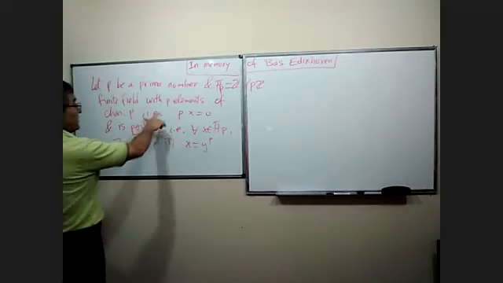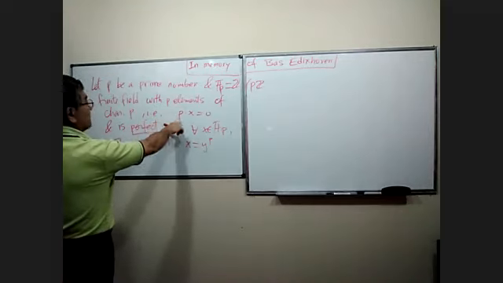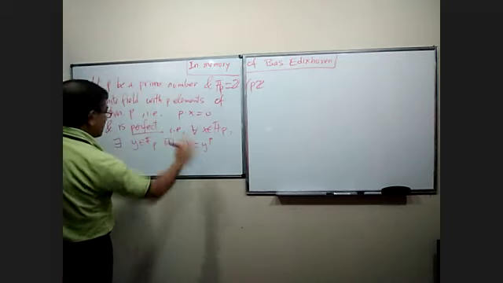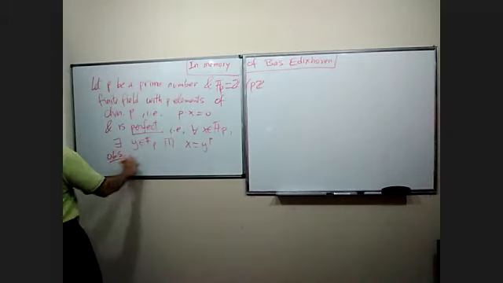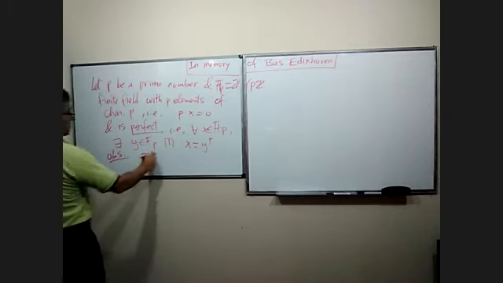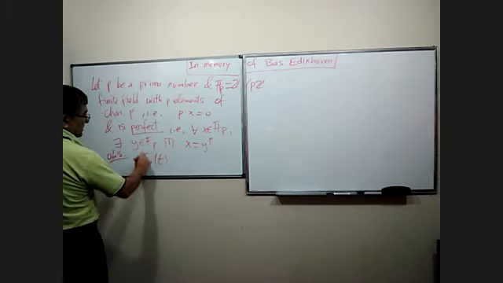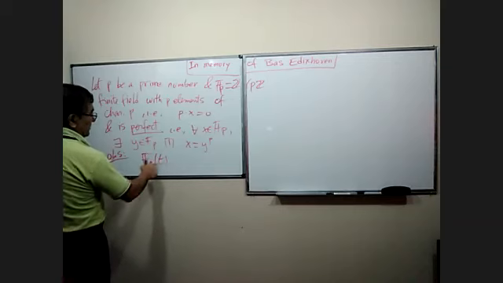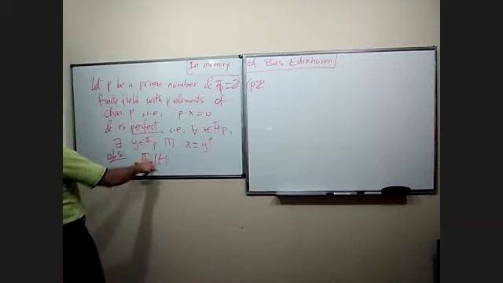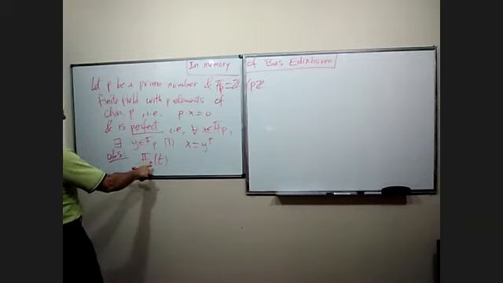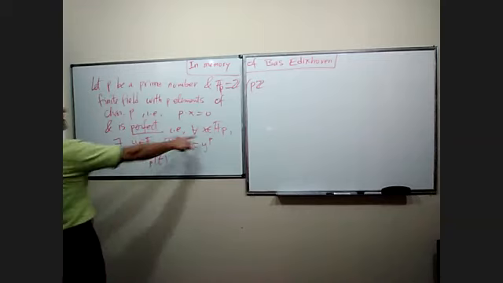Of course, not every field of characteristic p, for a prime number, is perfect. For instance, if I take this field and then I join a variable, this field is no longer finite. It still has characteristic p, but it's not perfect anymore.